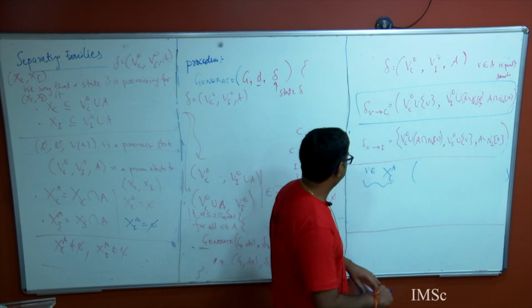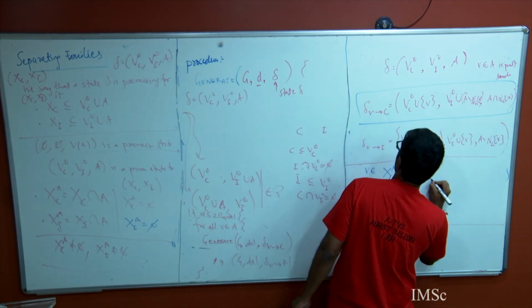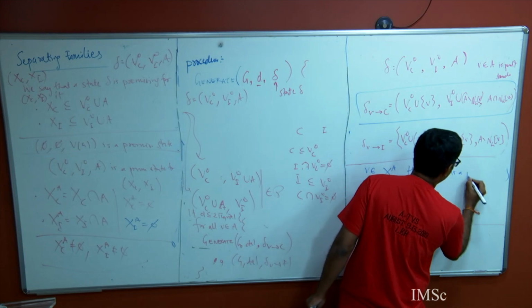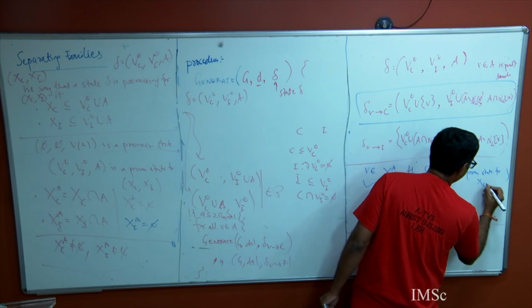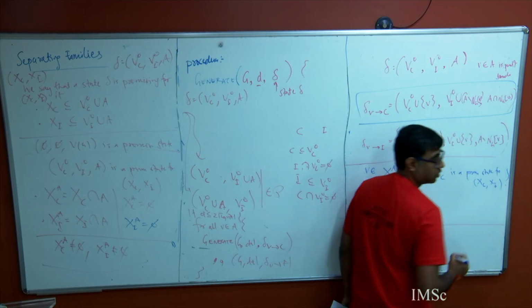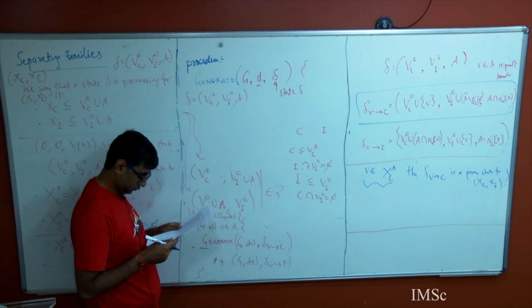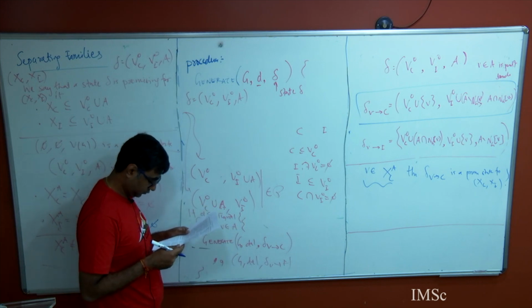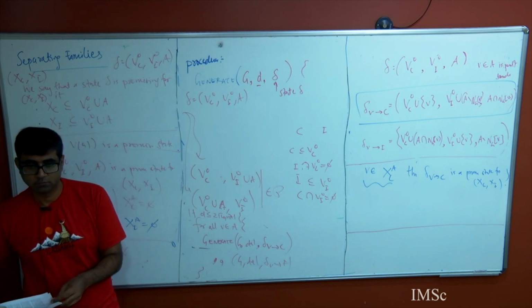Okay, my claim is then delta V to C is a promising state for XC, XI. This is what my claim is. Do you get my point?